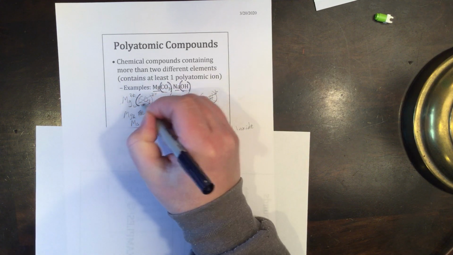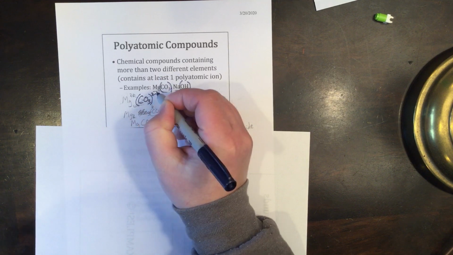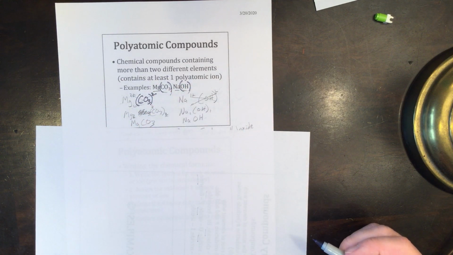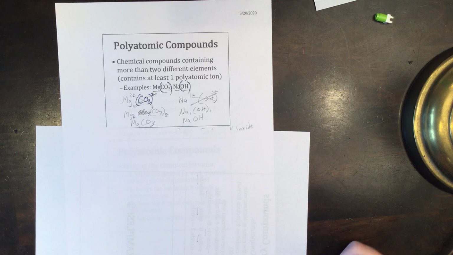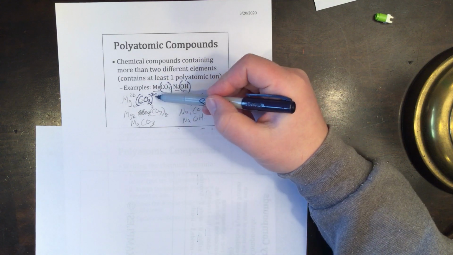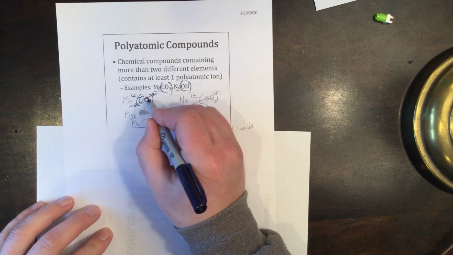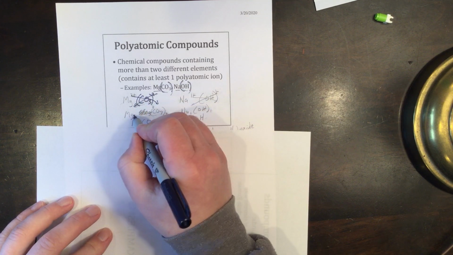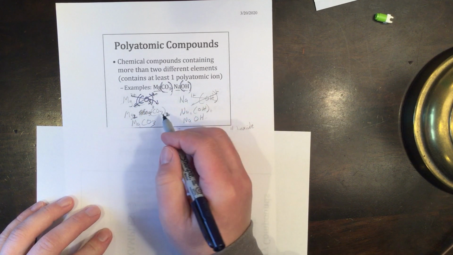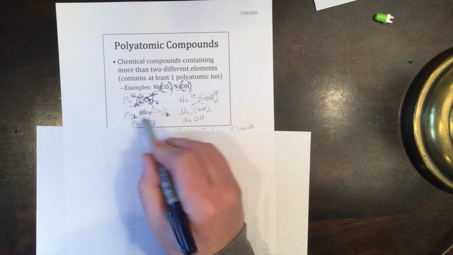CO3, put it in parentheses, and look up the oxidation number on the back of the periodic table. It is a 2-. So now we're going to crisscross. 2 goes to the Mg, this 2 goes here. 2, 2. And then we reduce. So if there's 2 Mgs and 2 CO3s, we can reduce down to 1 and 1.